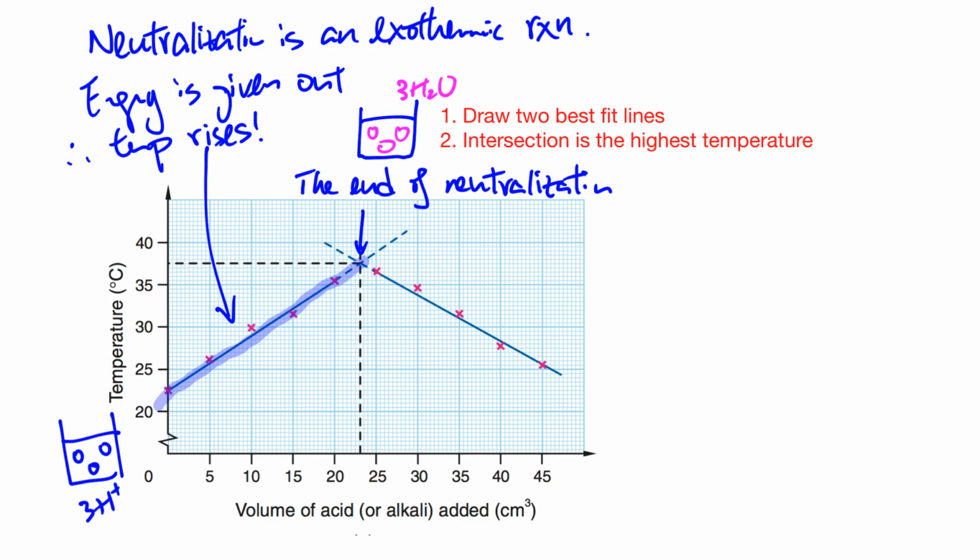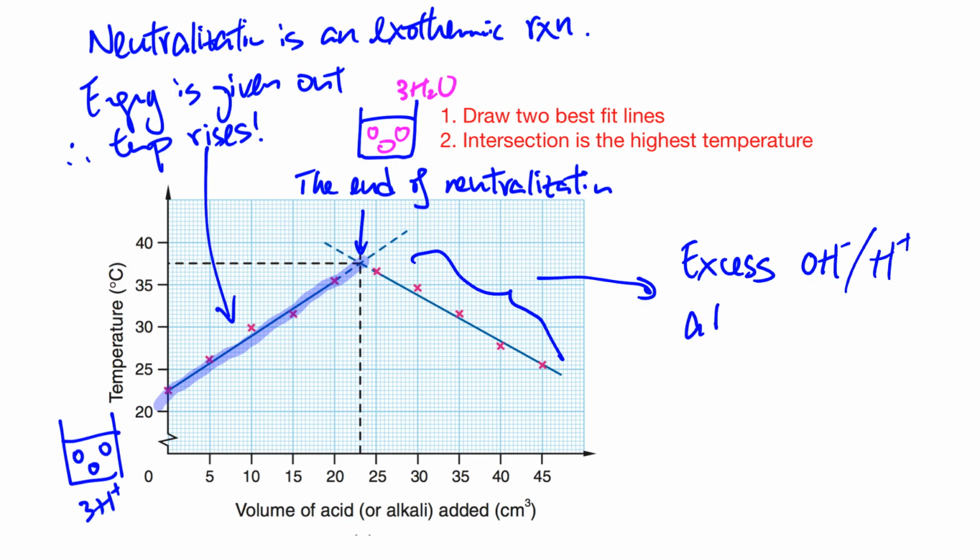In this case, all the neutralization has finished, and if you further add the alkaline, it will just cool the reaction mixture. So the excess, say for example OH minus or acid added, will cool the reaction mixture.